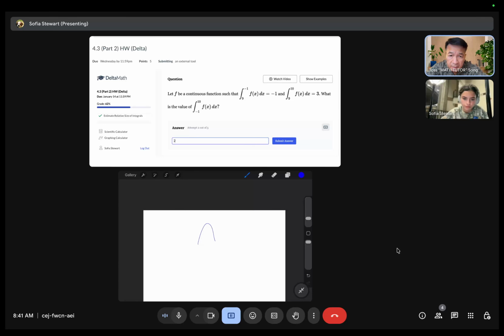And 1 to 9 and 9 to 10 is 3. Continuous function. What's the value of negative 1 to 10? Okay, try 4. No, not 24, 4.